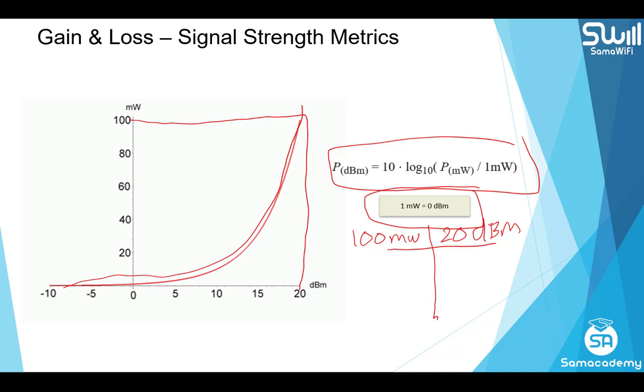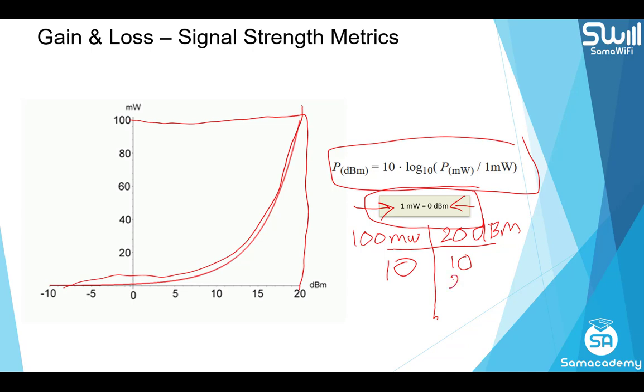If we use the formulas or the rule that we used before, if we have an increase of 10 dBs, we will multiply the 1 milliwatt by 10.